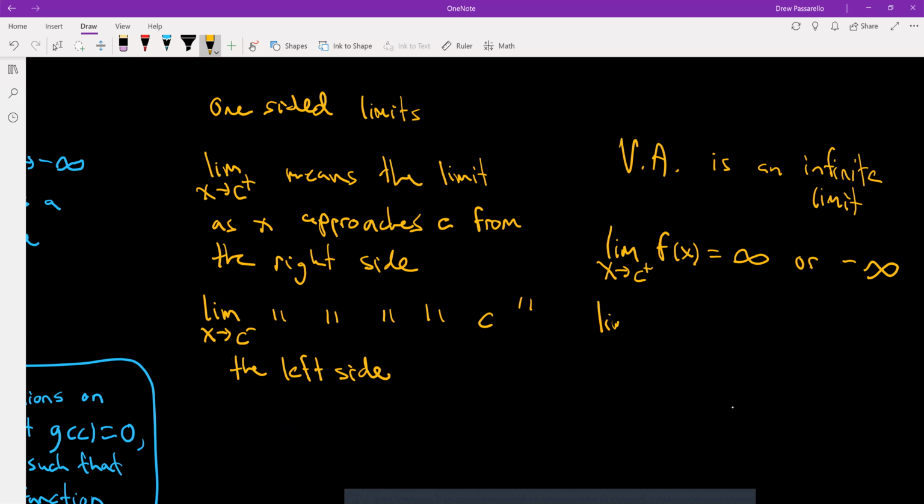And then same thing for x approaches c from the left, it's either positive infinity or negative infinity. So if this is the case, then x equals c is the vertical asymptote.